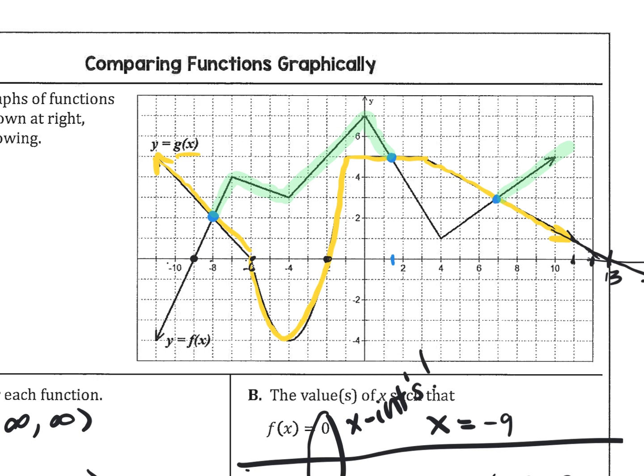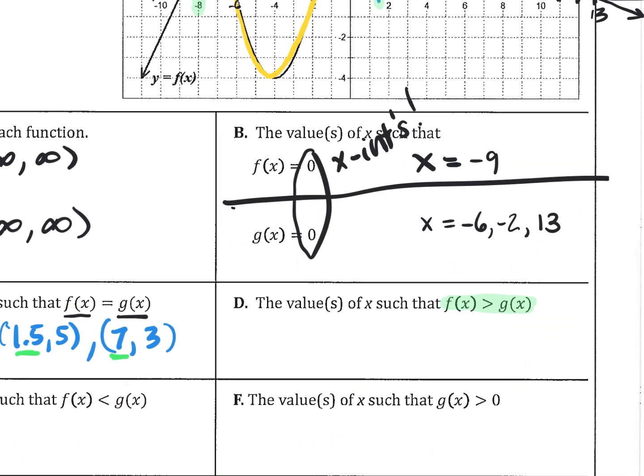So where does that go from? From where to where? So that's from here all the way to where? Here? So from -8 to what? 2. That's not quite 2. It's here. So it's at 1.5. Isn't that what we decided? It was about 1.5. So from -8 to 1.5.